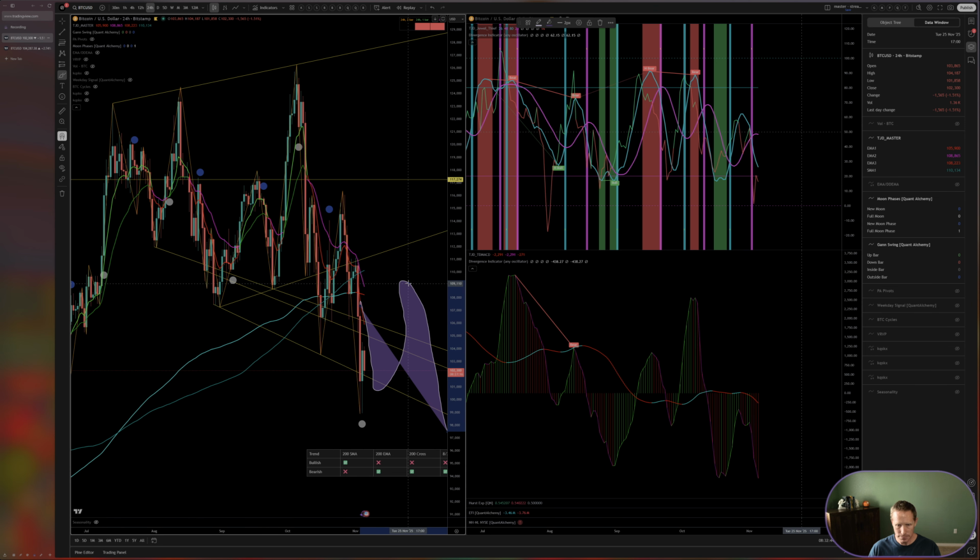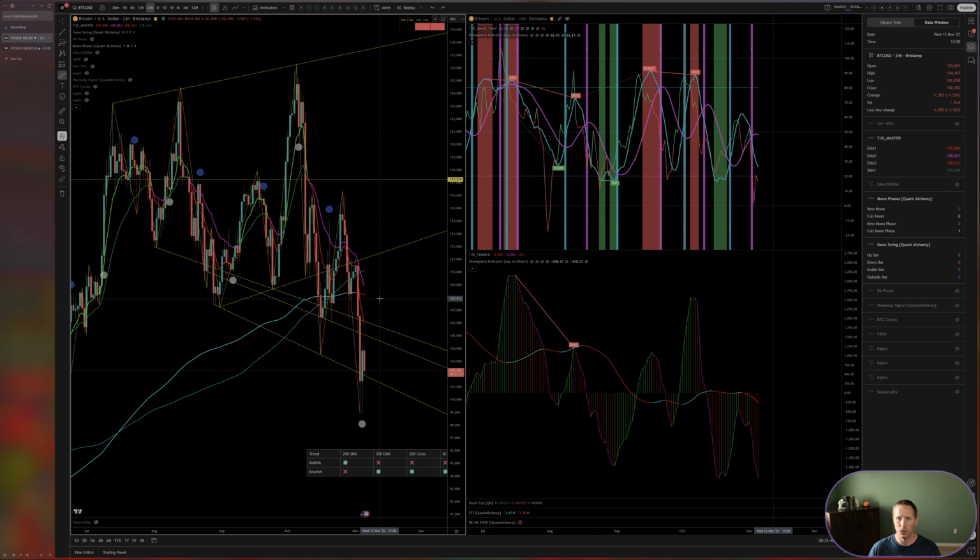And so that is one of the things that I'm waiting to see for confirmation in terms of going full bearish in the current market.